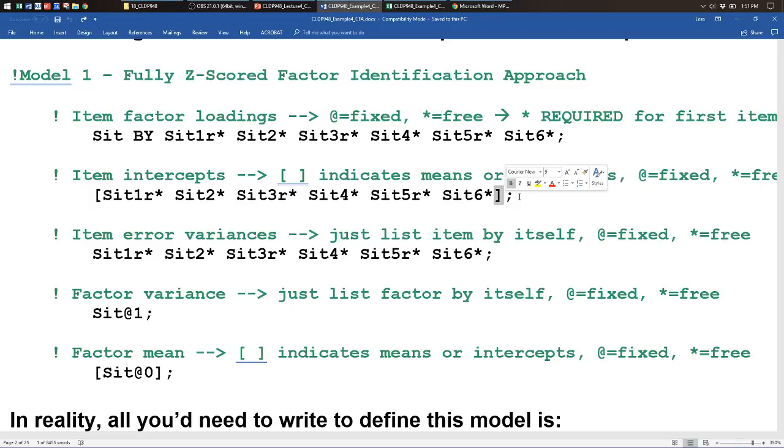Whereas, if I write the same model, y equals beta 0 plus beta 1x plus e, now what is beta 0? Intercept. It's the predicted mean when x is 0.